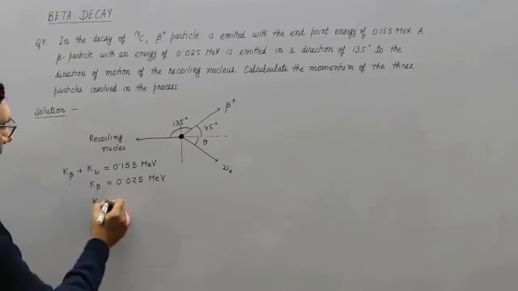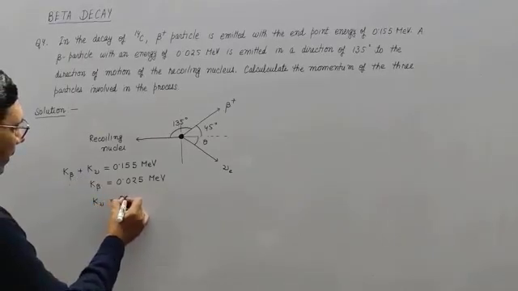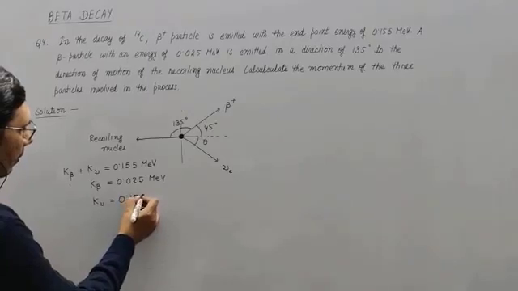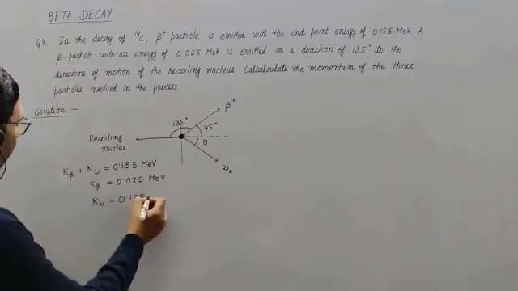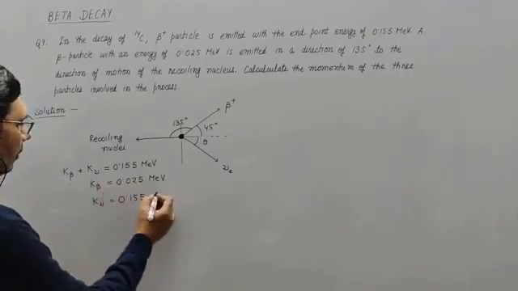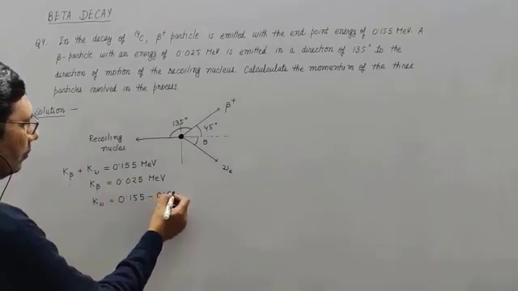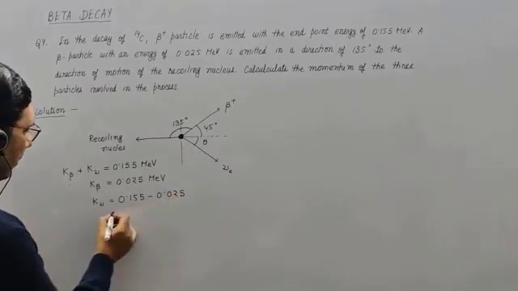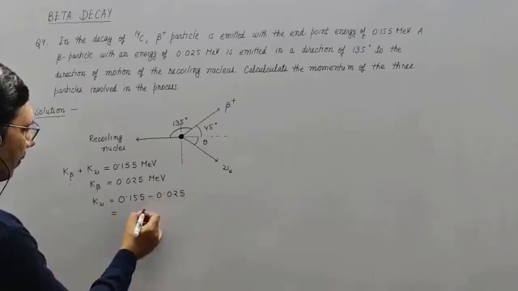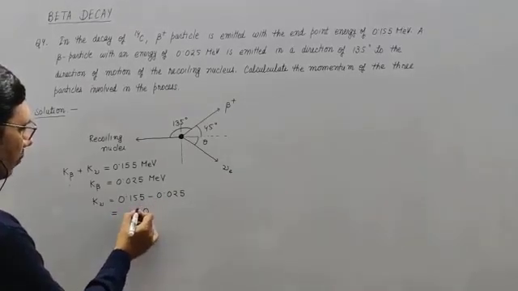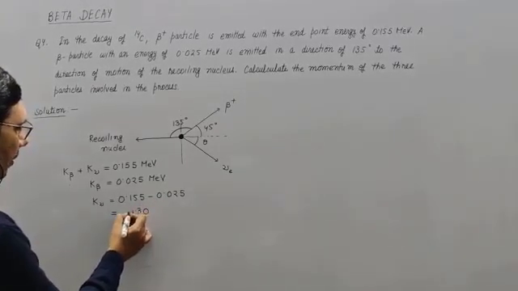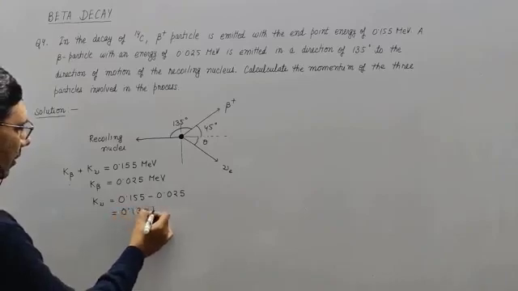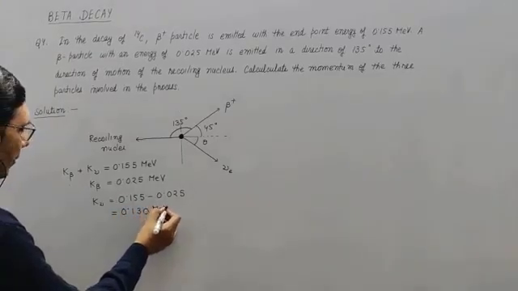From these two equations, we can write that K nu is 0.155 minus 0.025 MeV. 5 minus 5 is 0. 5 minus 2, 3. This will be 0.130 MeV. This is the kinetic energy of this neutrino.